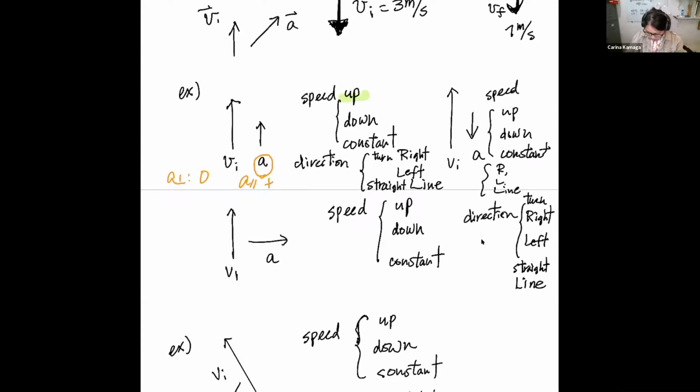That means I can decompose this A vector. This is going to be perpendicular to the velocity. This is going to be parallel to the velocity.